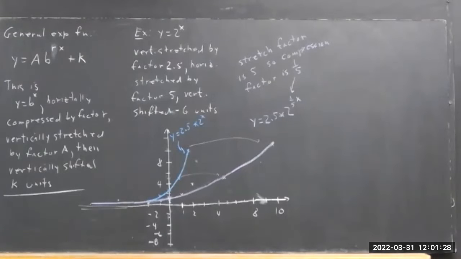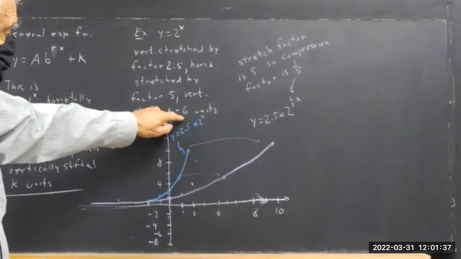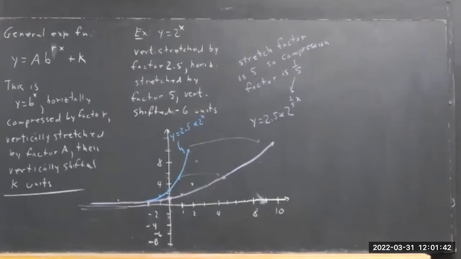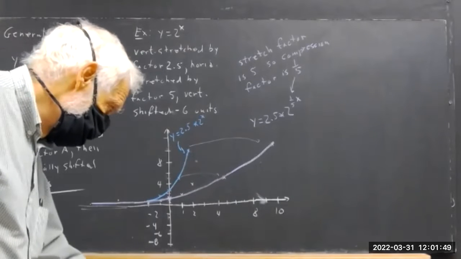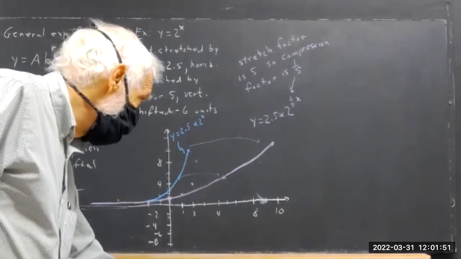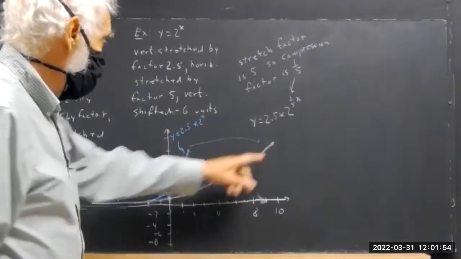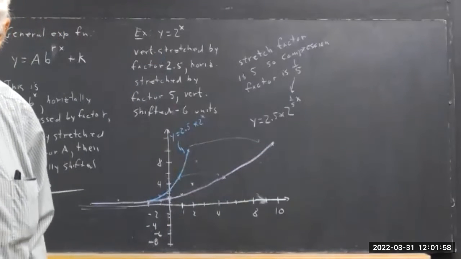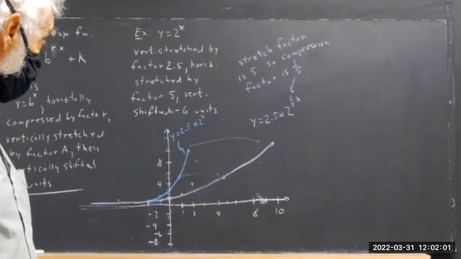Okay. Well, then what do we do? We vertically shift k units. Now, you say the vertical shift is -6 units. If we vertically shift -6 units, and I really do need a different color. Okay. Then we have to take every point of this graph and move it -6 units in the vertical direction.